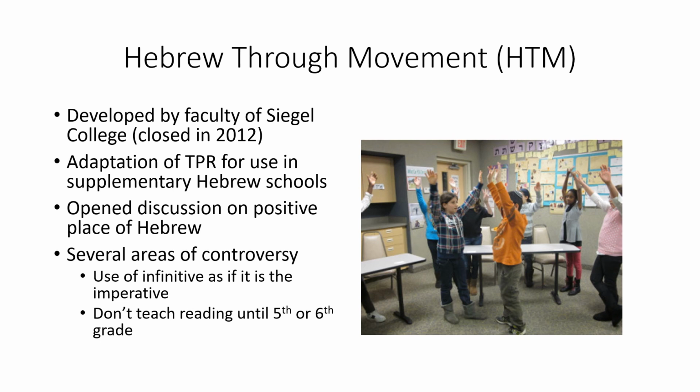Perhaps the more controversial area is their most recent claim that you should not teach decoding until fifth or sixth grade. This is strictly to facilitate bar and bat mitzvah, but it actually, I think, harms both the language method and the student's ability to really learn and master decoding.